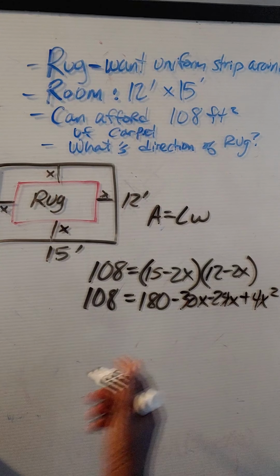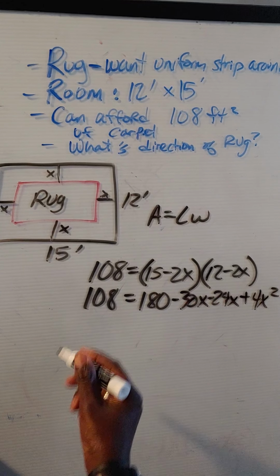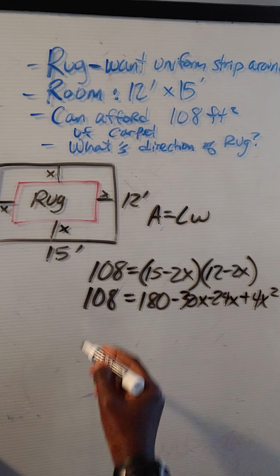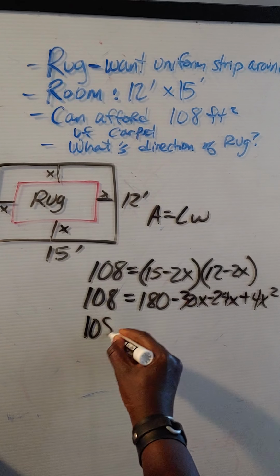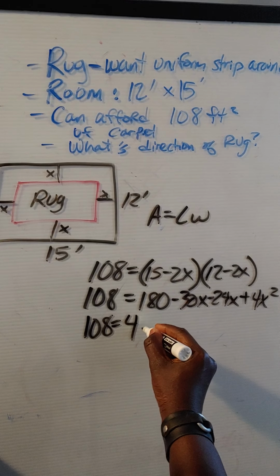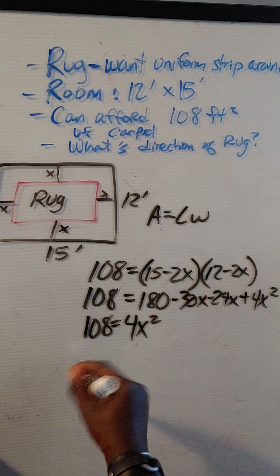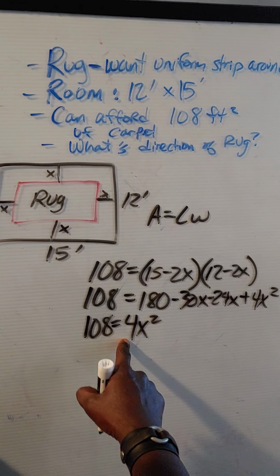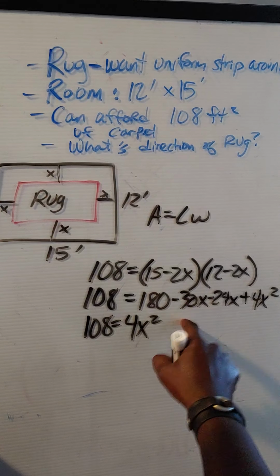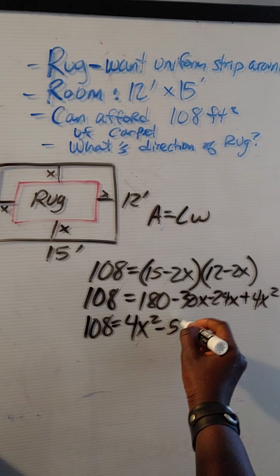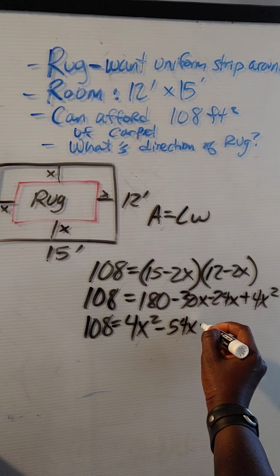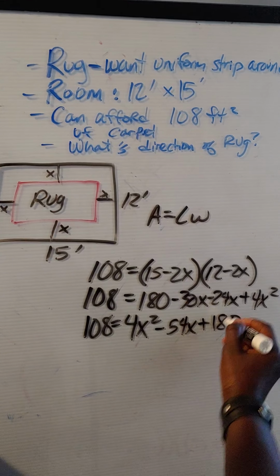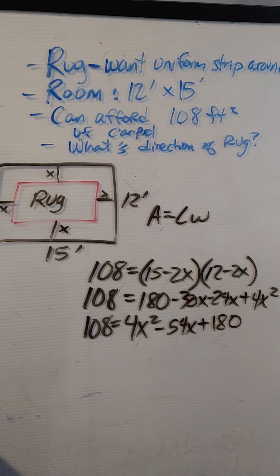I'm going to combine like terms, and place my x squared term first to write in descending order: 108 equals 4x squared minus 54x plus 180.